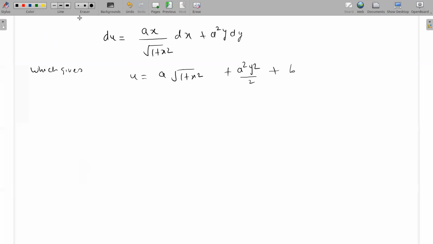And fourth form, which is known as Clairaut form or Clairaut's equation.